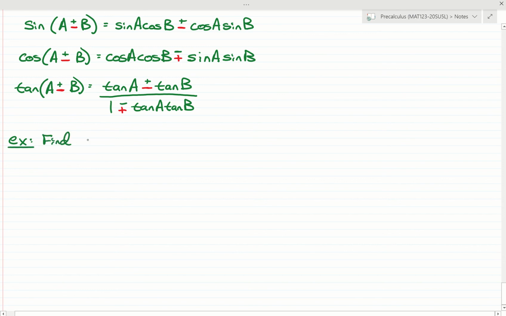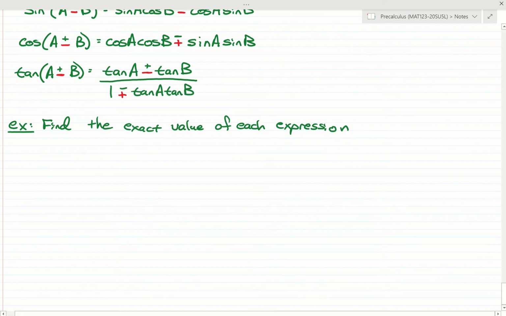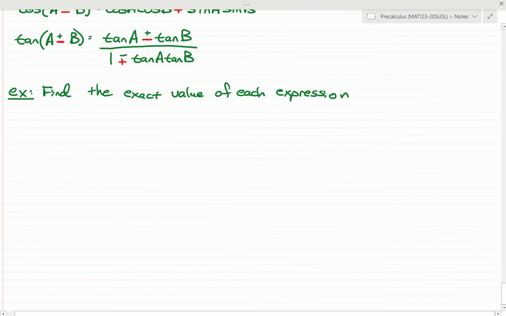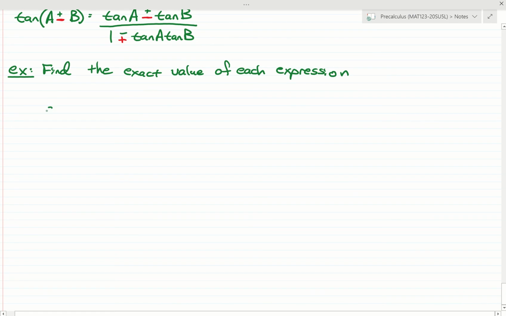Find the exact value of each expression. So let's see here. Let's start with this. The sine of negative 15 degrees. So you have to think of two angles.